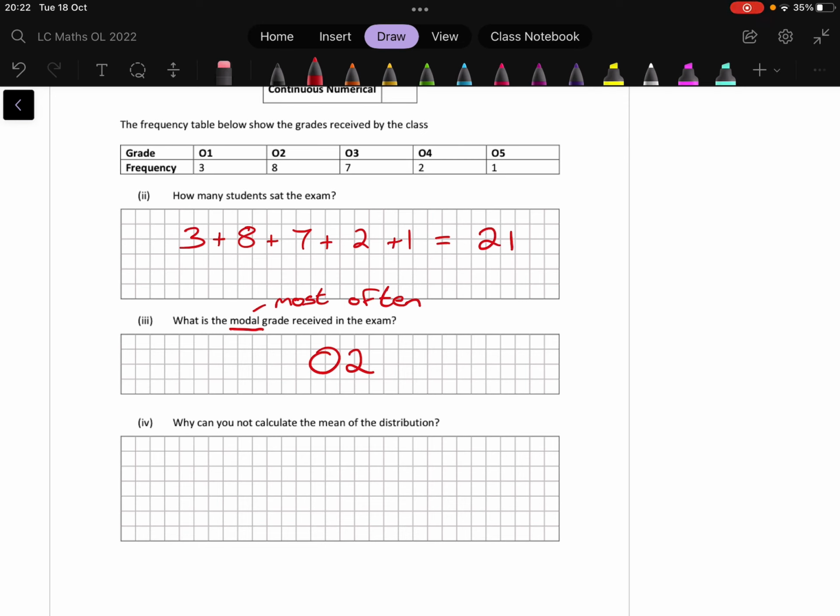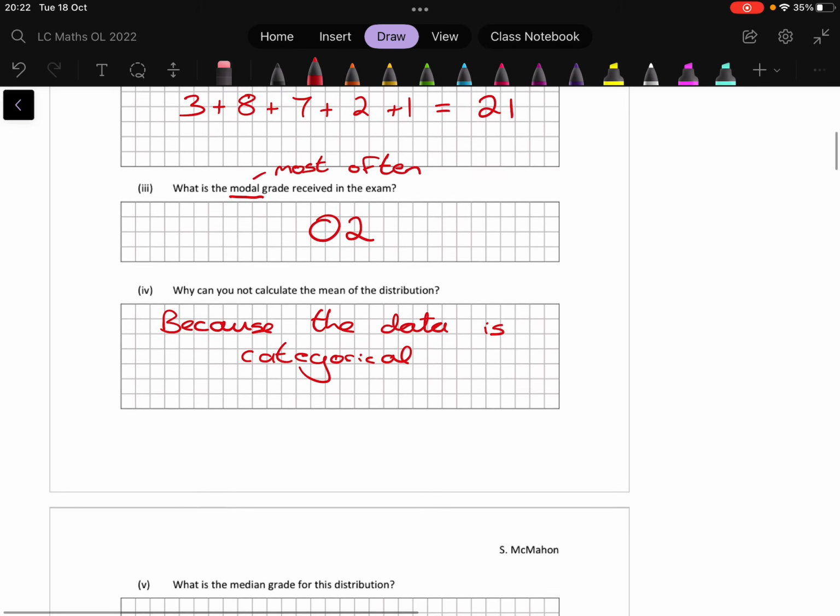So our answer is because the data is categorical. Because the data is categorical, it wouldn't make sense for us to calculate the mean. For example, we would multiply by the frequency and add them up. It doesn't make sense for us to add O1 plus O2. That doesn't mean anything. So because the data is categorical, we cannot work out the mean of this distribution.